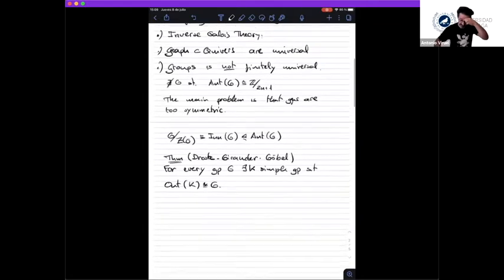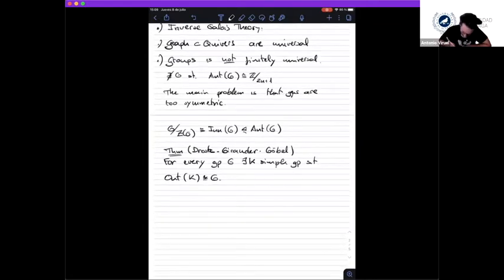So then the natural question is, the problem is somehow how close we can get to groups to get something which is universal.